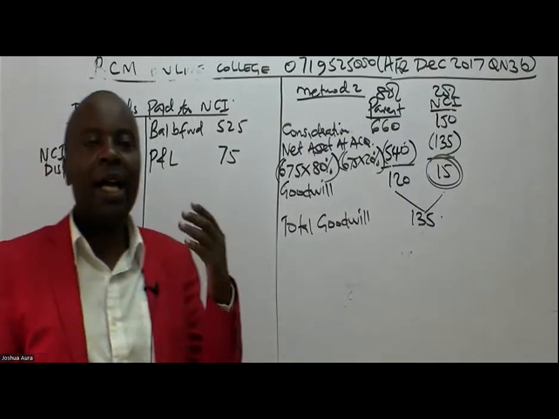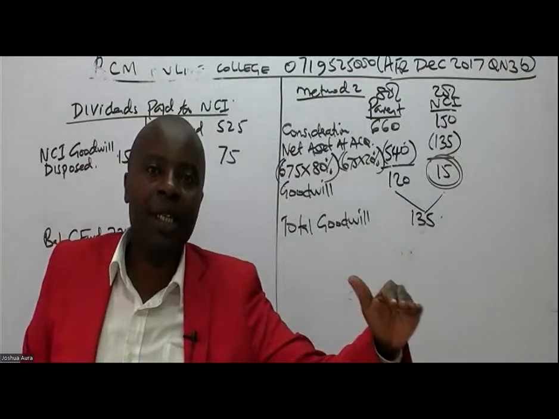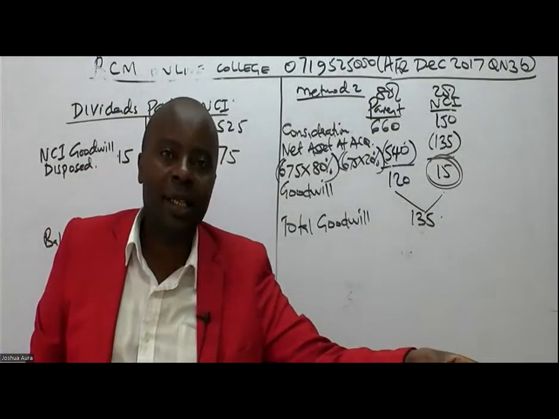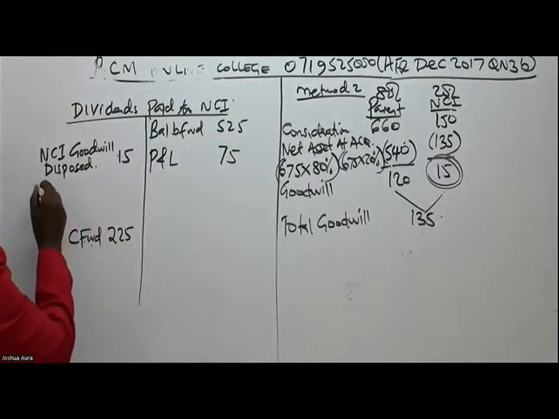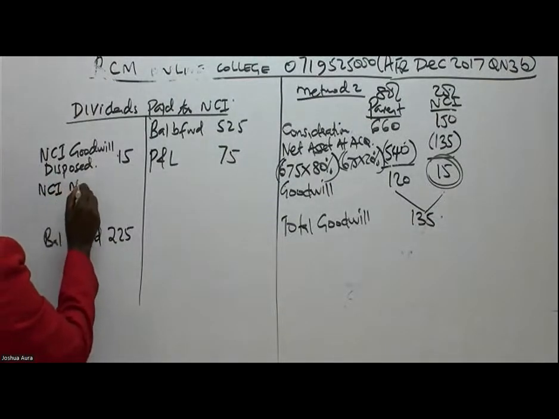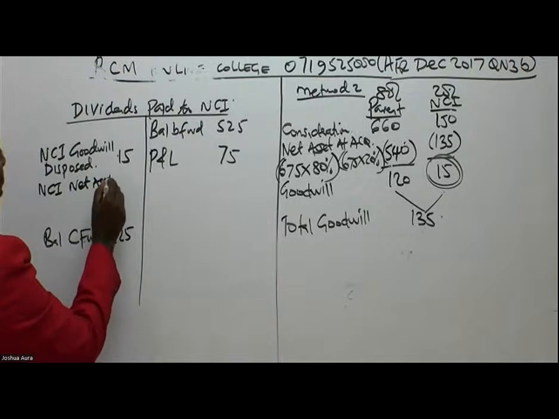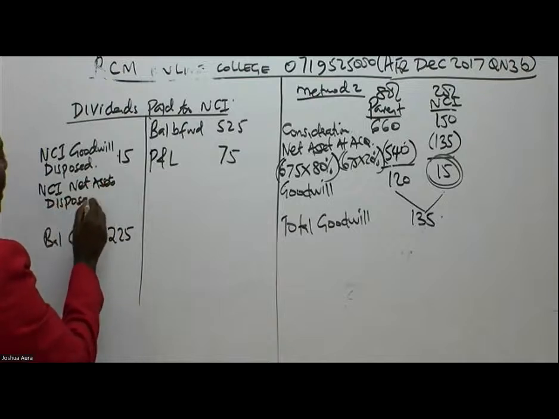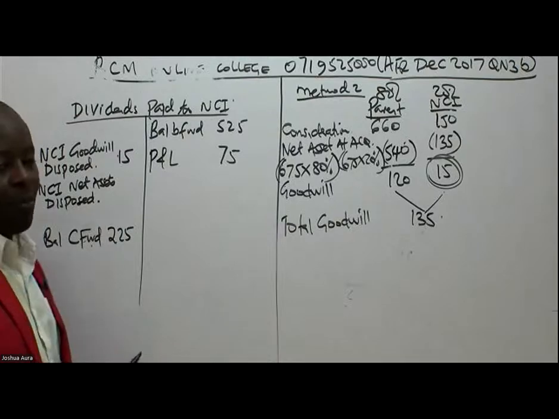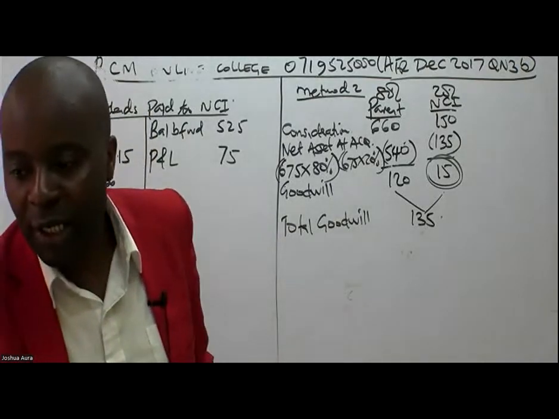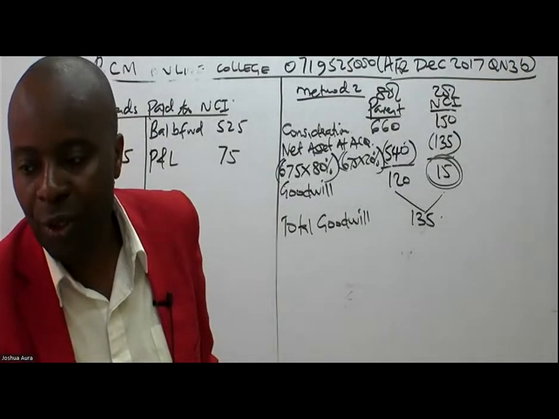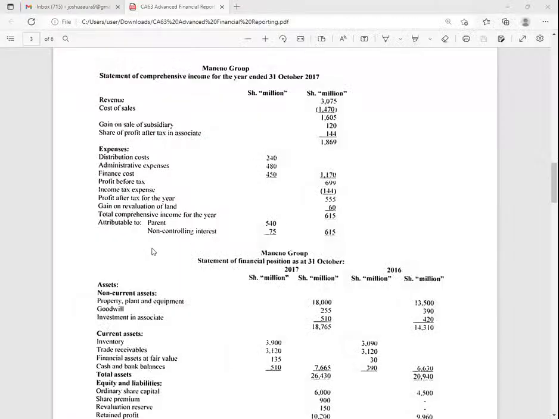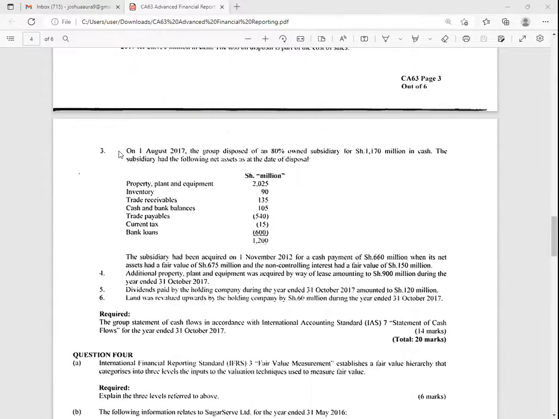And also remember, with the gone subsidiary, they lost some net assets. So we have NCI's net assets disposed. If you look at this particular question, they have told us the net assets here. Look at note 3. On 1st August 2017, the group disposed of an 80% owned subsidiary for shillings 1170 million in cash.